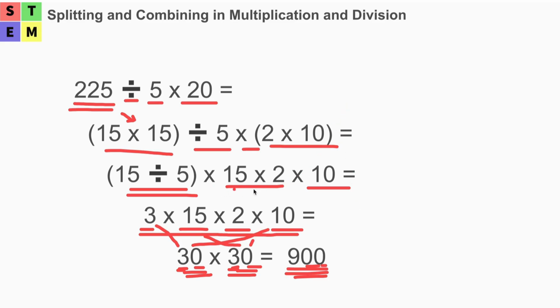Between these, you can always use other methods. I'm not sure if, let's say, 10 divided by 5 will make things easier, because 10 divided by 5 equals 2, right? So we got 15 times 2 times 15 times 2, then the calculation might again be 30 times 30, right?